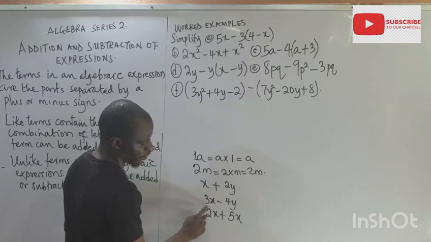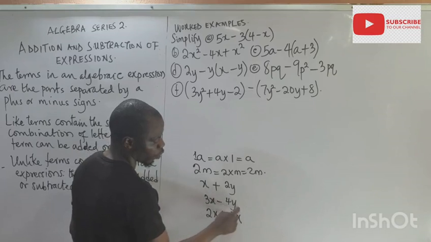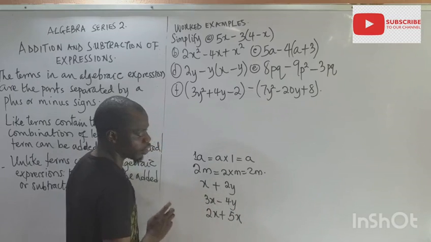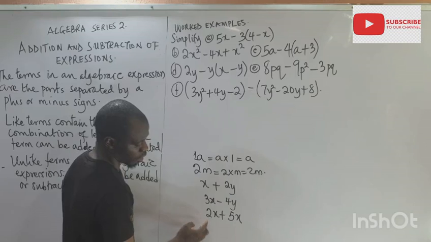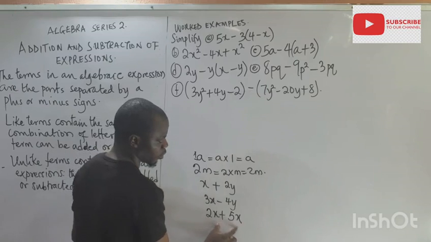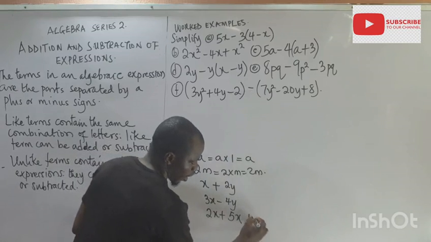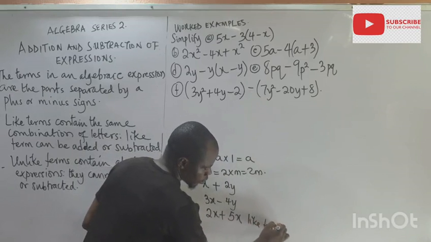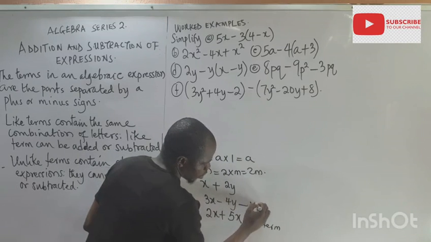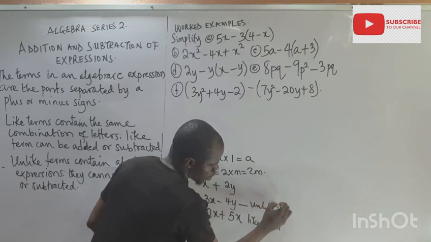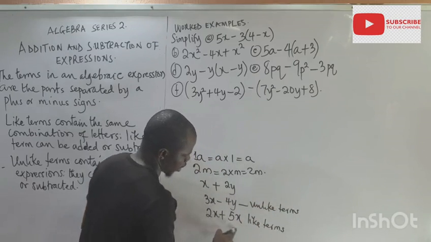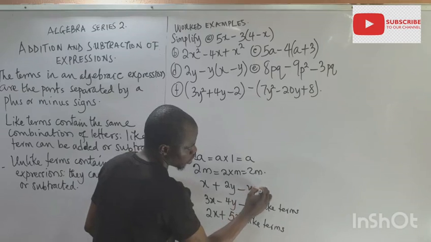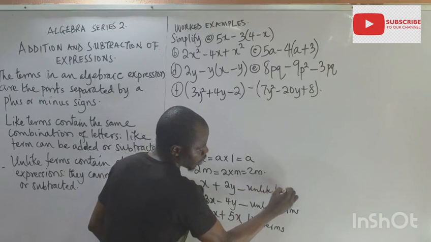Likewise, in this case, you have 3x and minus 4y. y and x are not the same. Then they are not like terms. And when you consider the last one here, this is 2x plus 5x. This is what we call like terms. You have this as like terms, and we have these as unlike terms. These are like terms, x and x, unlike terms, and also this one is unlike terms.